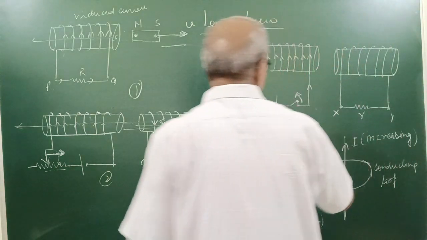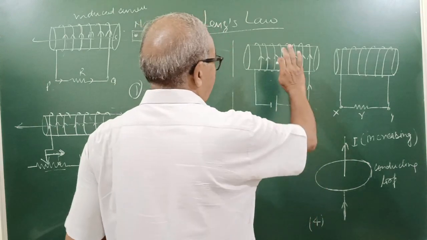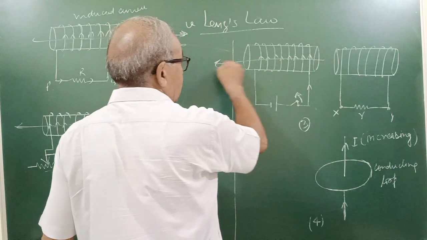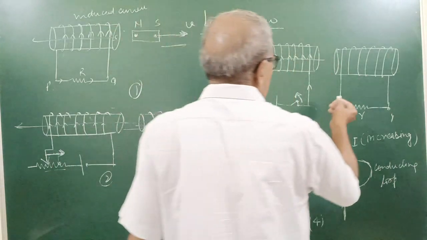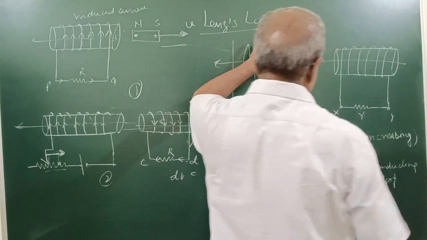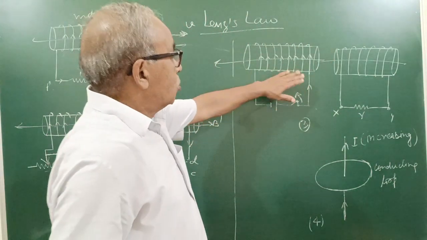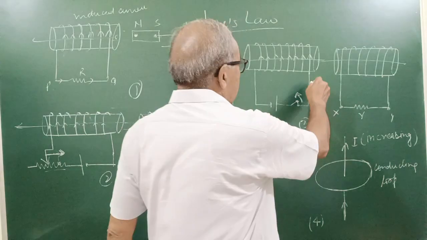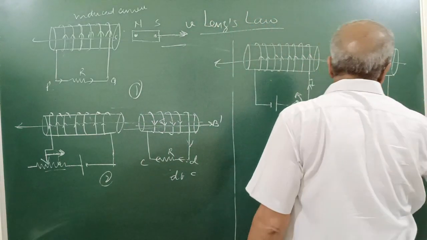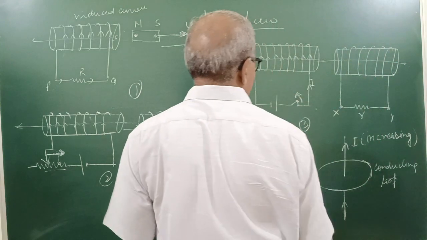Actually, when current is passing through this, the field due to this solenoid will be pointing from right to left. So the magnetic field here is this way, due to the solenoid which carries current I. The field in this solenoid is again from right to left.